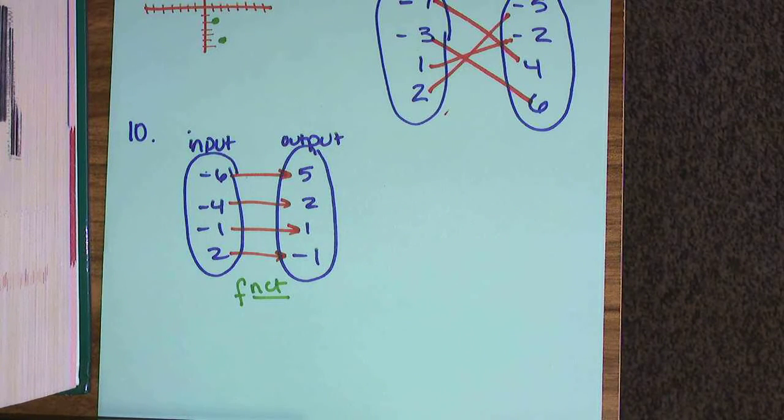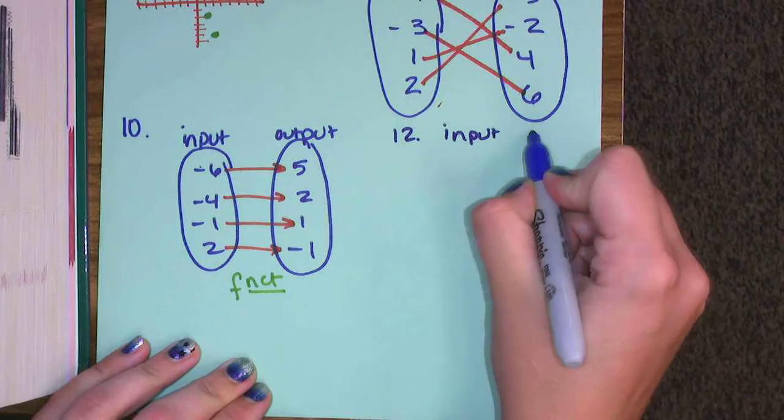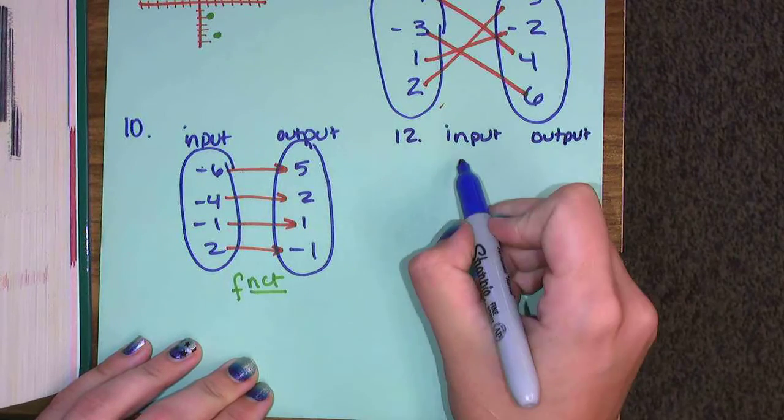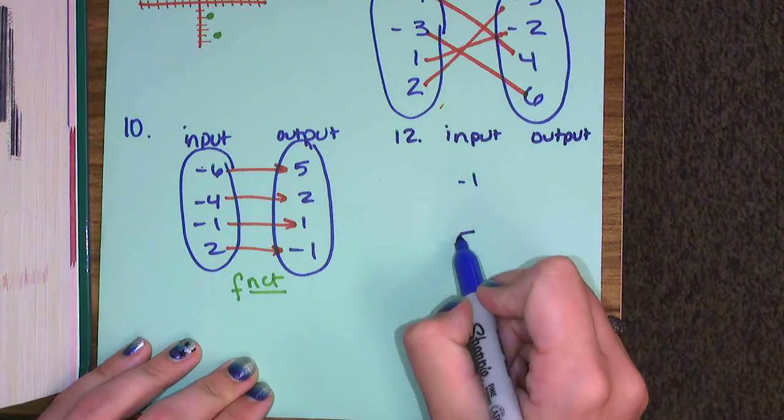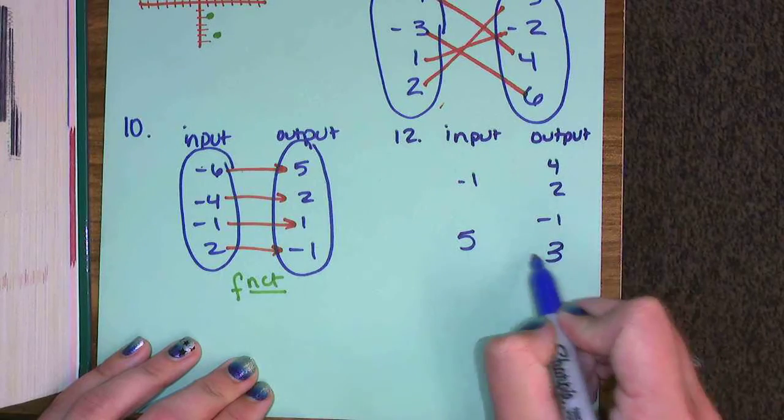Let's see. How about 12 input, output, -1, 5, 4, 2, -1, -3.